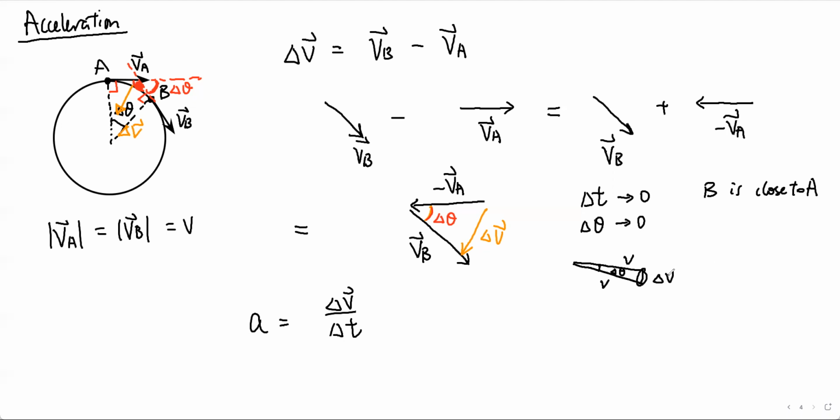Then this arc length, you may consider, will be like the change in velocity. And remember how we find the arc length: we use the radius times the angle. So that's V times delta theta.